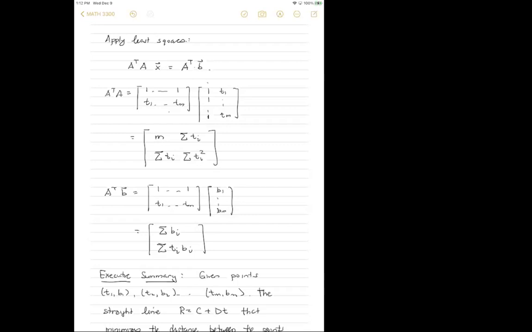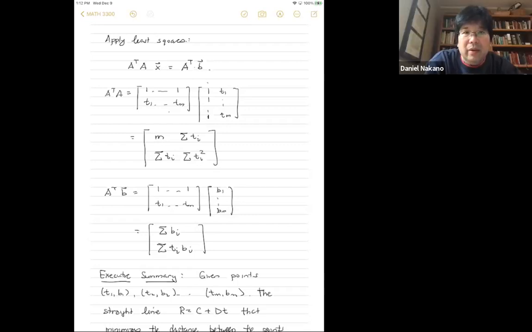What was the condition that A transpose A formed an identity matrix? The point was it wasn't the identity matrix. The point is that it's invertible in this situation. And the condition was that A has linearly independent columns.